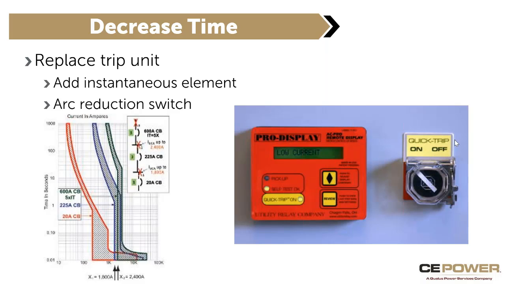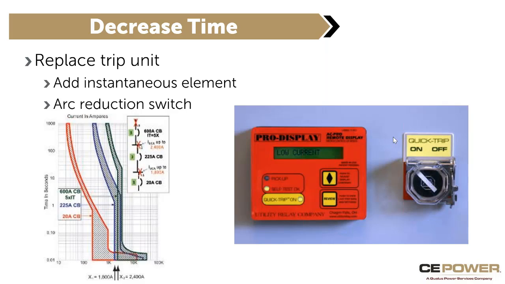So not only can you buy those options on your trip units for newer low voltage power circuit breakers, but you can also use, in this case, AC Pro for an older air circuit breaker. So maybe you have dash pots, maybe you have an older solid state. AC Pro makes a product where you can actually put a quick trip device on an older circuit breaker.